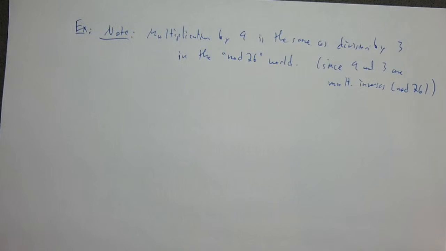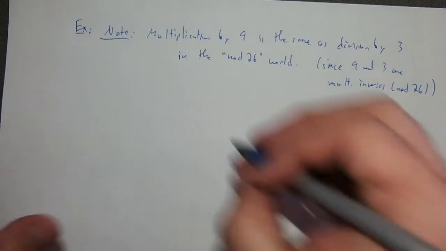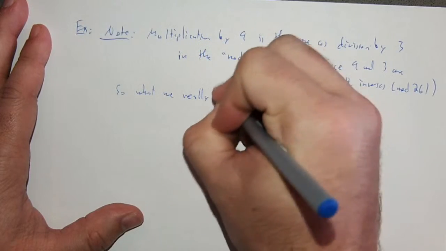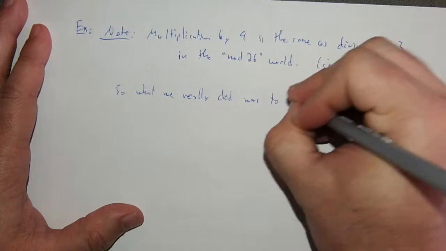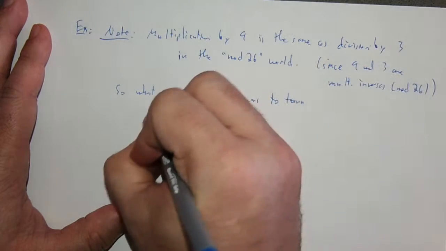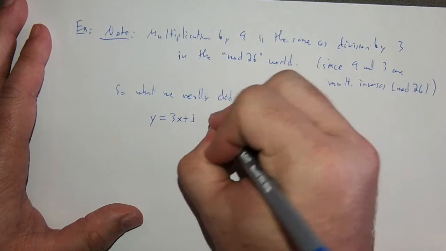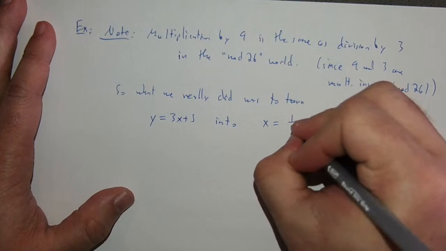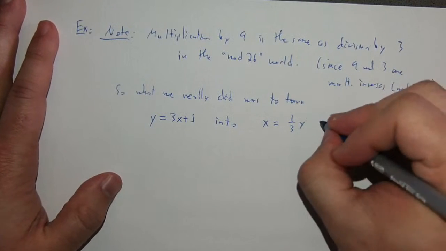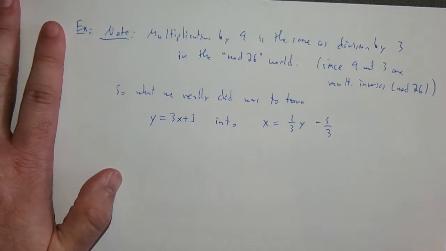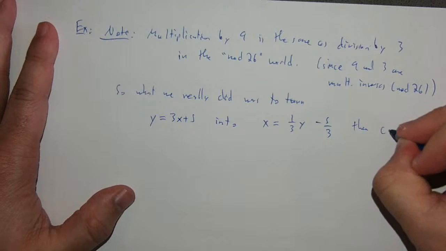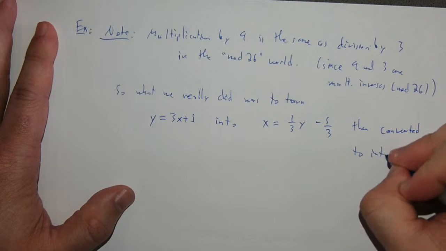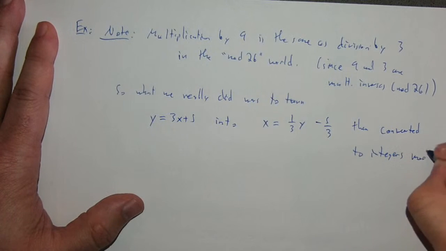And so what we really did was to turn the function y equals 3x plus 5 into the function x equals 1/3 y minus 5/3, then converted to integers mod 26.